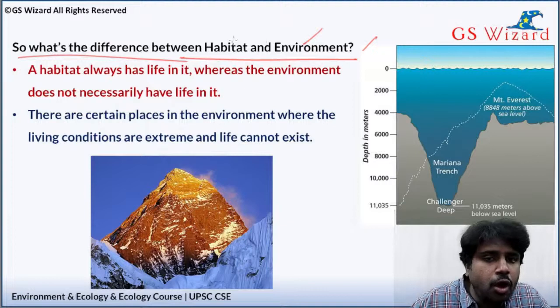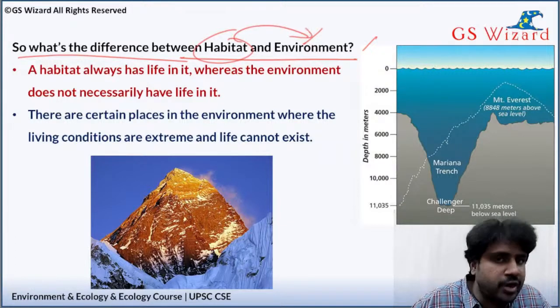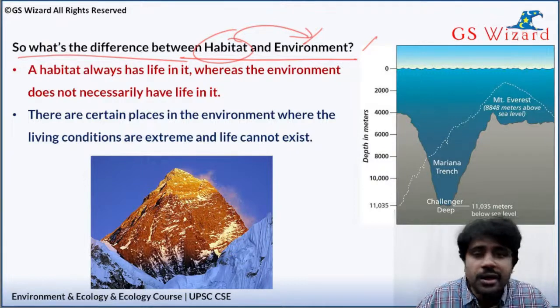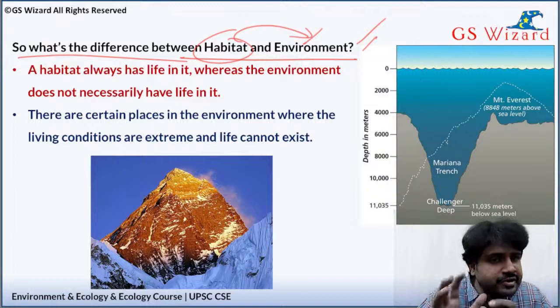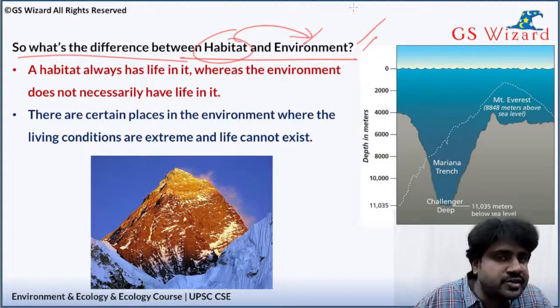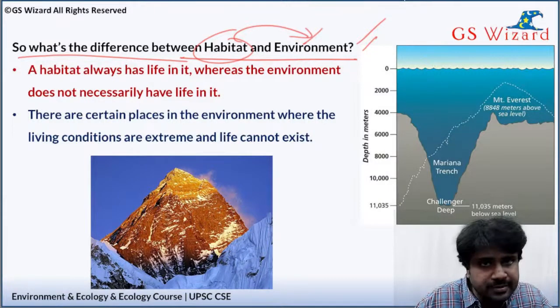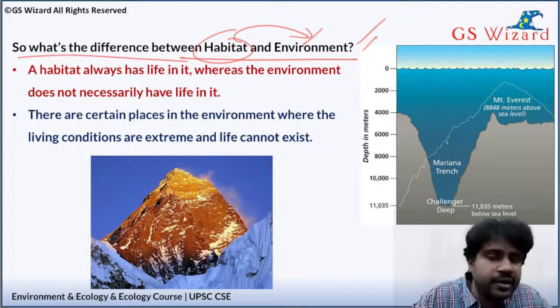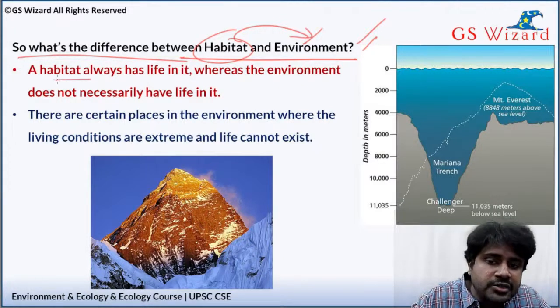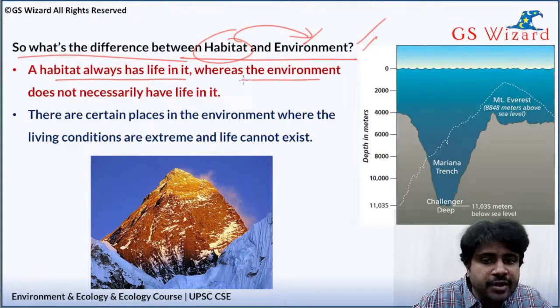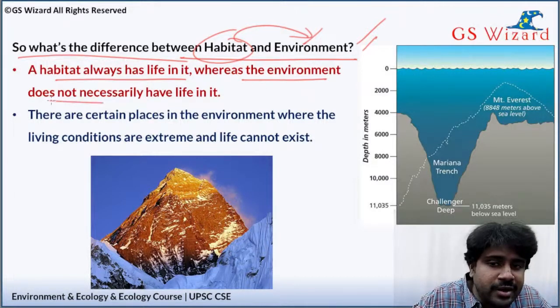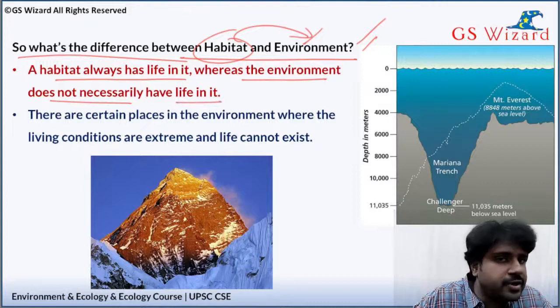First of all, habitats are part of the environment. Okay? But all the places in the environment cannot be treated as habitats. Because in the environment, there are certain extreme places where conditions are extreme and life cannot exist. So, look at this. A habitat always has life in it, whereas the environment does not necessarily have life in it.